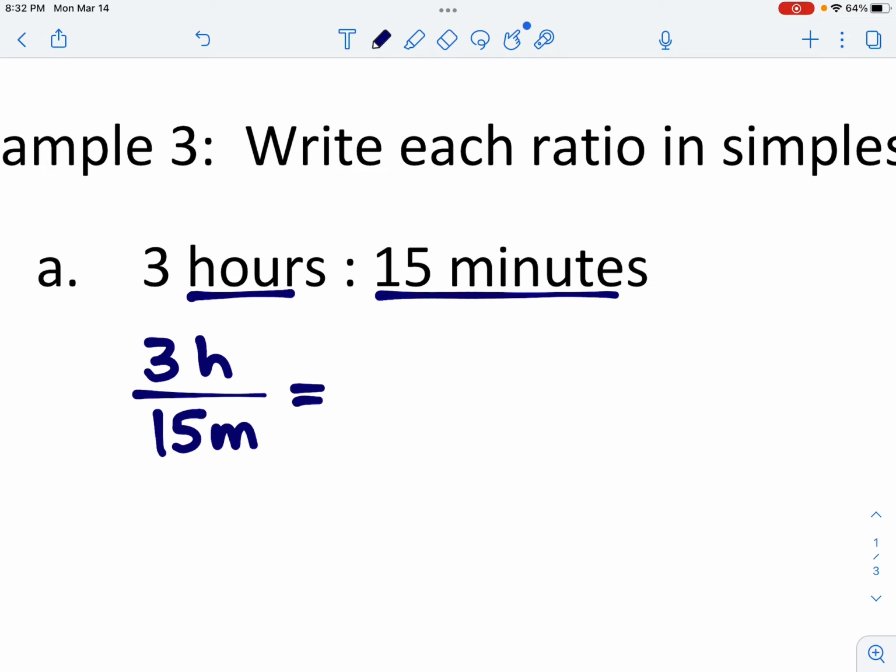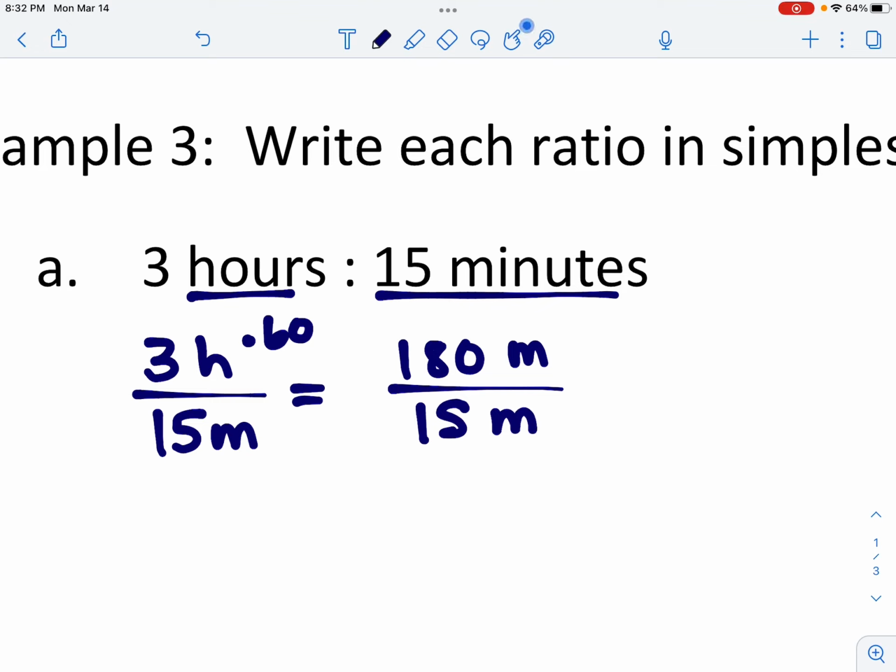I'm going to convert my 3 hours, right? There's 60 minutes in an hour. So I'm going to multiply my 3 times 60 to give me 180 minutes over 15 minutes. So now I have everything converted to minutes. I can simplify.